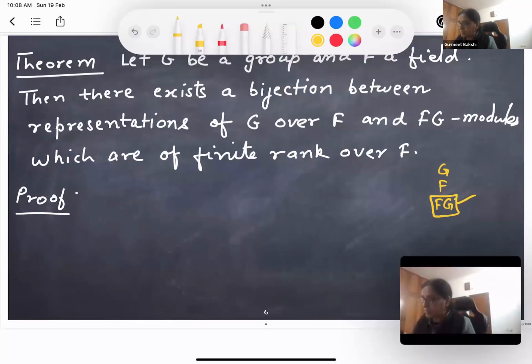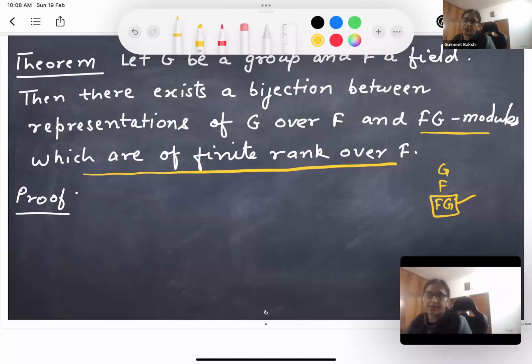And there is a theorem that says there is a bijection between representations of G over F and FG-modules which are of finite rank over F. So between these two sets there is a bijection. So you can go from representations to modules, and modules to representations, but because my representations are over finite-dimensional vector spaces, FG-modules should have finite rank over F.